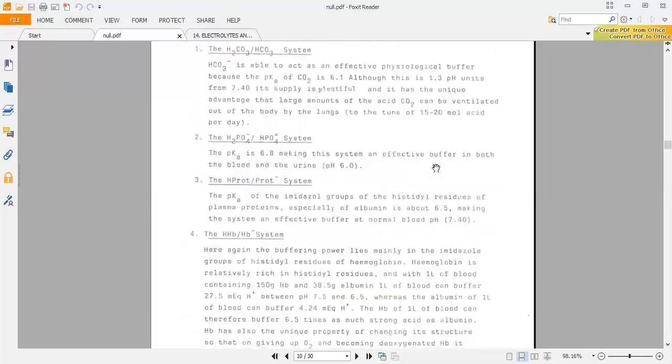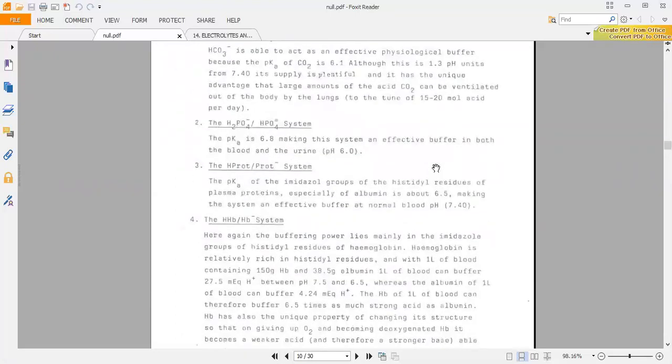Good. Let's look at the second buffer system. That's the phosphate system. If you look at the phosphate system, the pKa is 6.8. So that means that this can also act perfectly as a buffer of the human system.